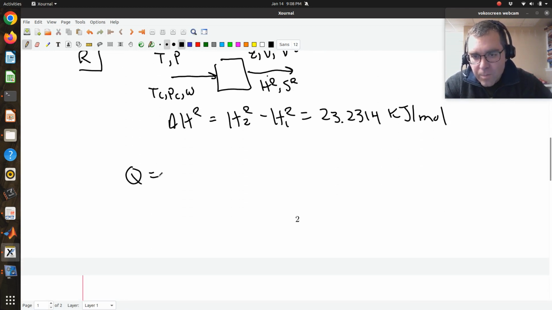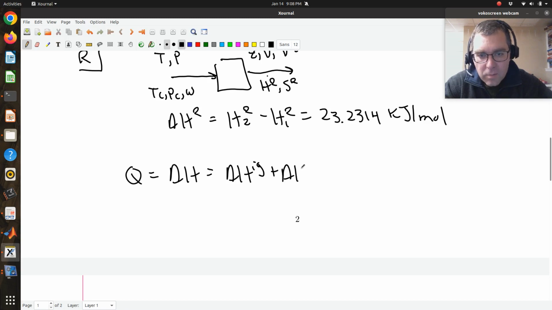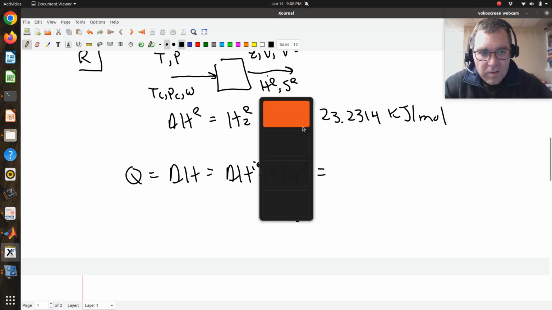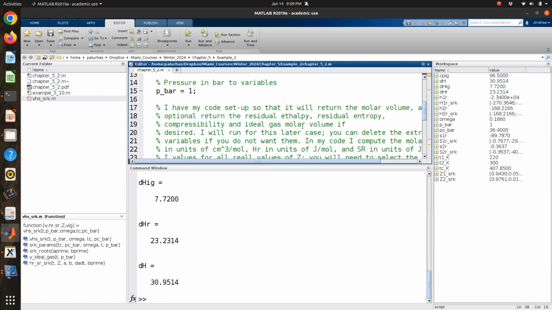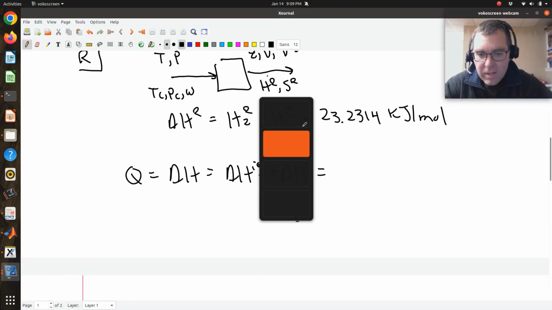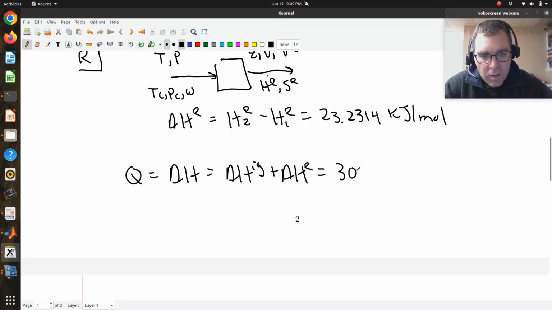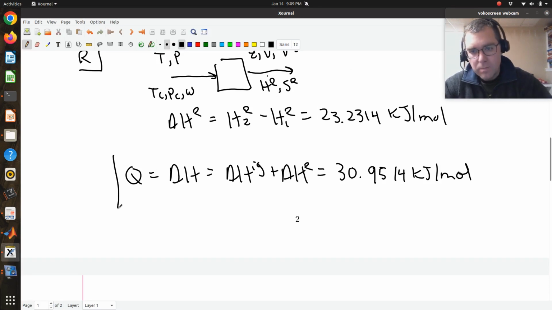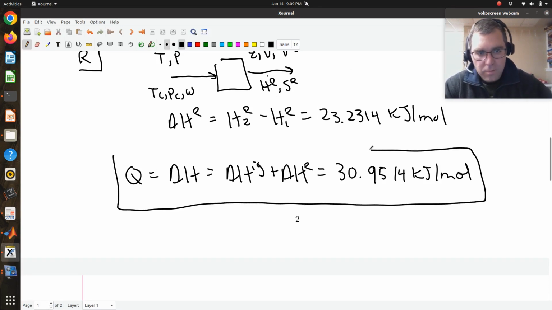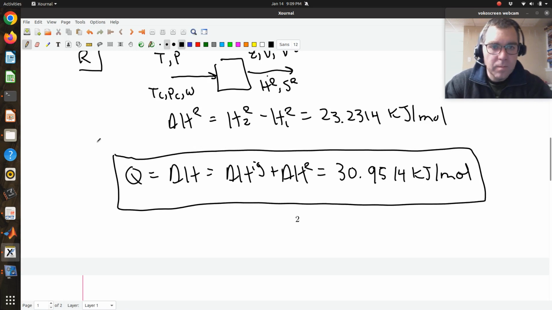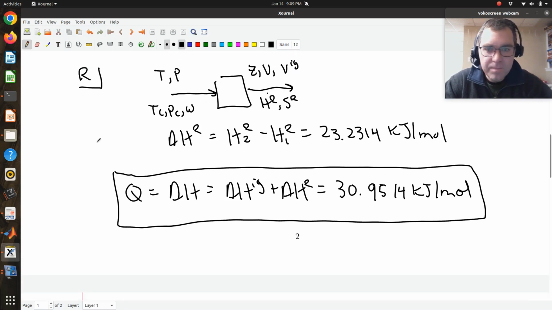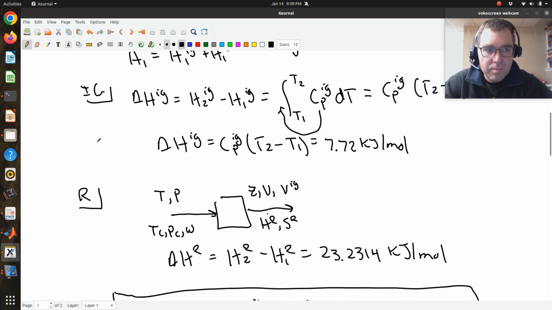So Q is equal to delta H, and that's delta H ideal gas plus delta H residual, and that's equal to 30.9514 kilojoules per mole. Sweet. Cool. So that's the first part. We calculated Q.